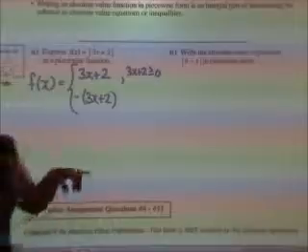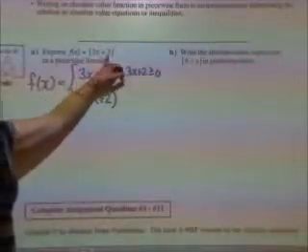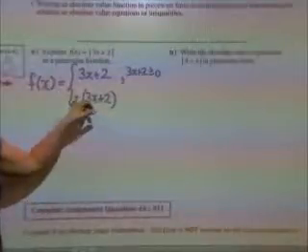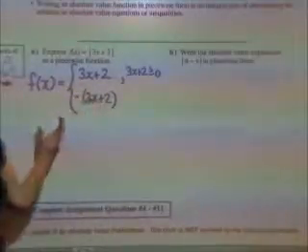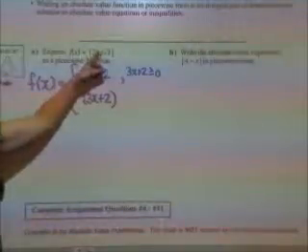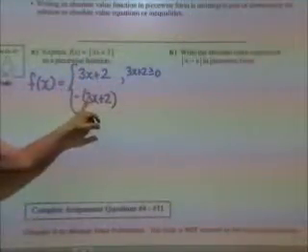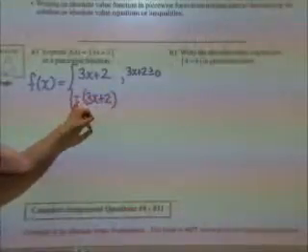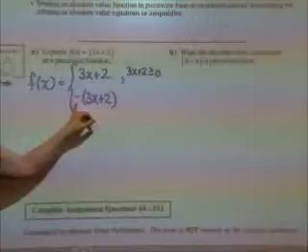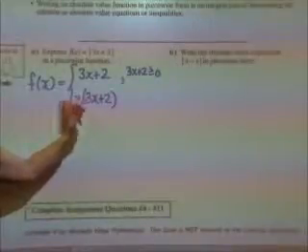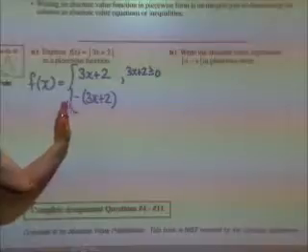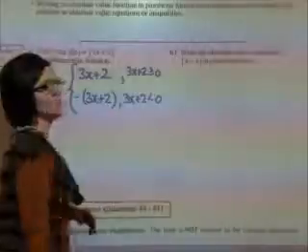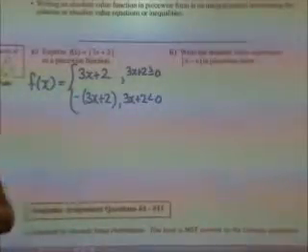If it's not, such as I put a value in here and I get negative 5, then I need to use this equation because this would become negative of negative 5, which would give me my positive 5, which matches up to the absolute value. So if my value inside the bracket is negative, I have to use this equation because that's how I cancel the negative out. Does that make sense with that explanation? Canceling the negative out. So if 3x plus 2 is less than 0, I'd have to use this equation.